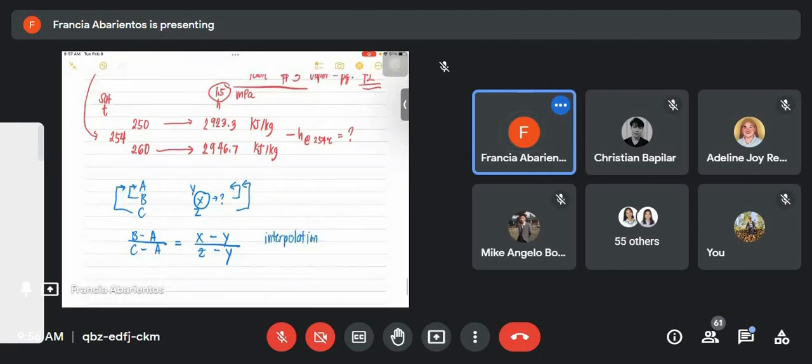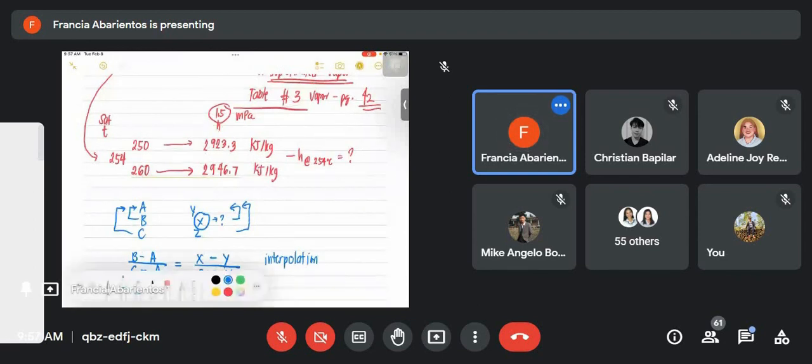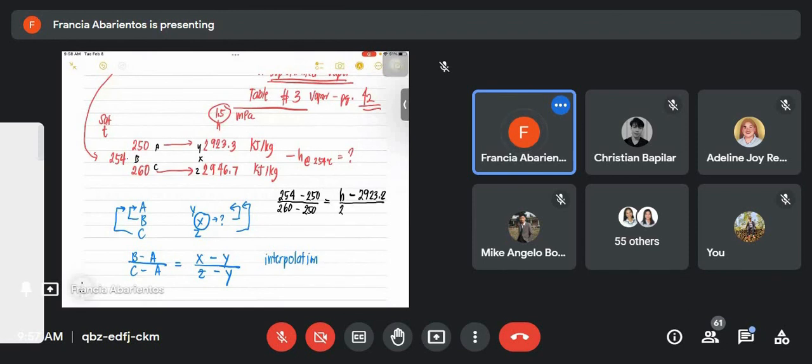In the problem, how do you interpolate the 250? 254 minus 250, since that is B. This is A, B, C, and this is X, Y, Z. Below, 260 minus 250 equals X, or let us call it H. So we have H minus 2923.3 over 2946.7 minus 2923.3.